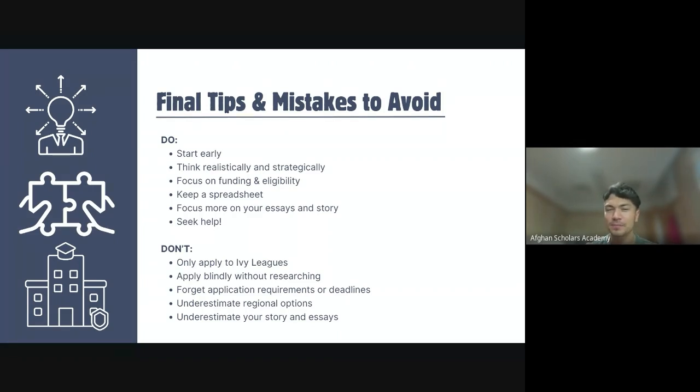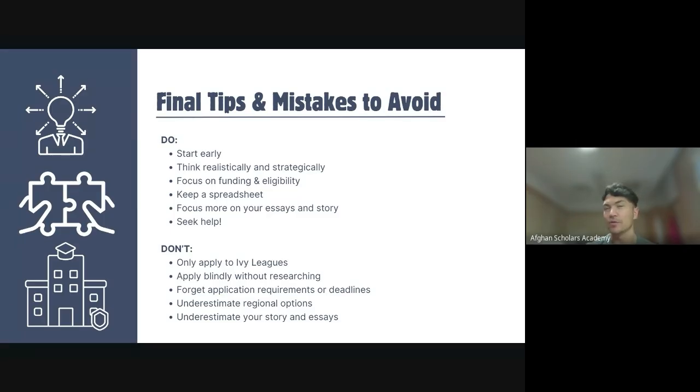Do not underestimate regional options. Some universities you may not find attractive are offering a lot of things that other universities don't. And do not underestimate your story or your essay. Like I said, your essay is one of the most important aspects.